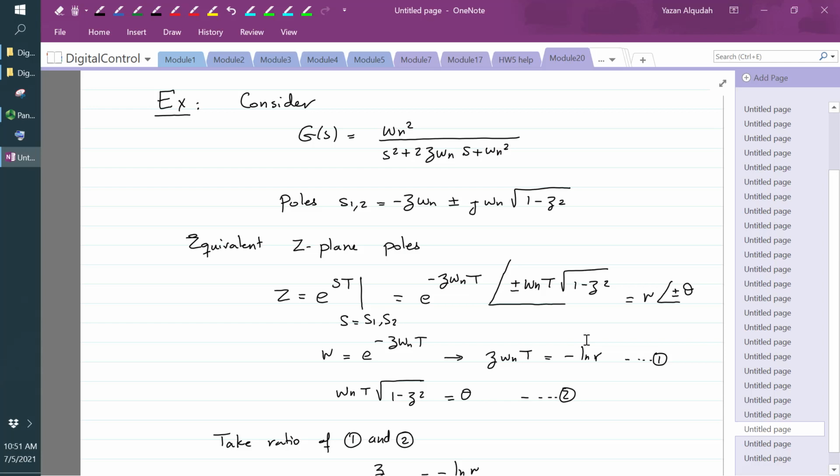Now we know the equivalent z-plane poles are going to be e to the s multiplied by T, with s equal to s1 and s2, and this is going to equal e to the negative zeta omega n T, and the angle is going to be omega n T square root of 1 minus zeta squared.